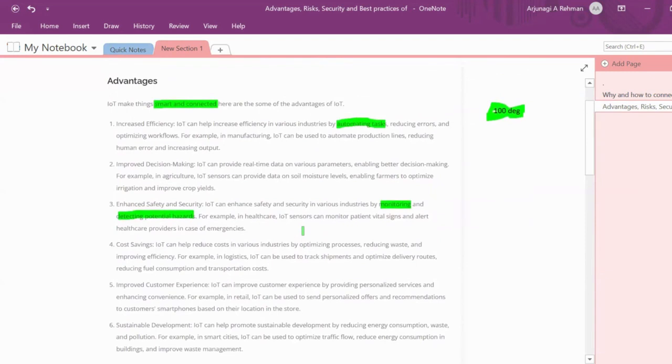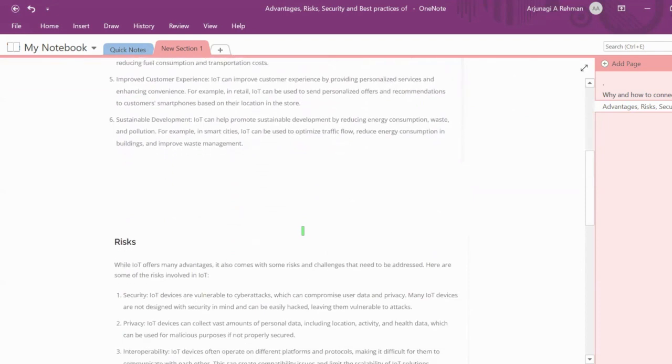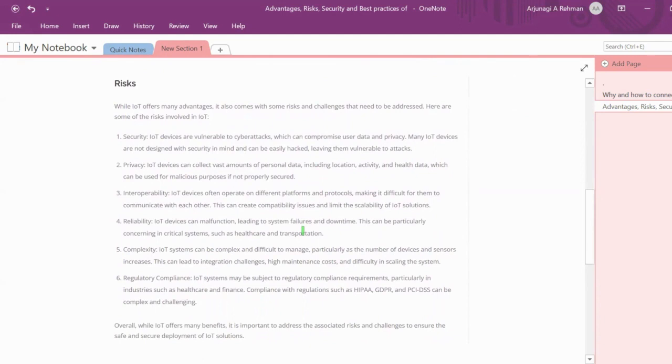So now we saw the advantages. Now quickly see the risks. So before entering into any technology, before making any device, any software, any hardware, we must see risks also with advantages.